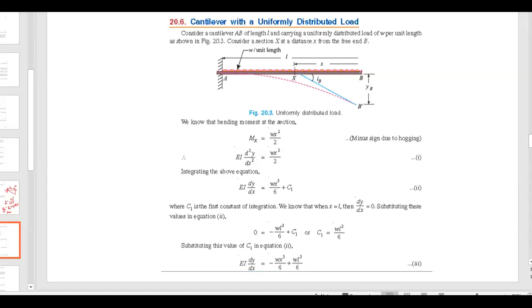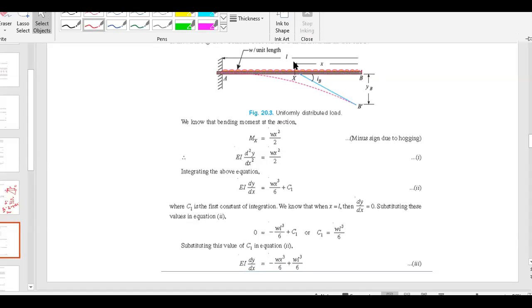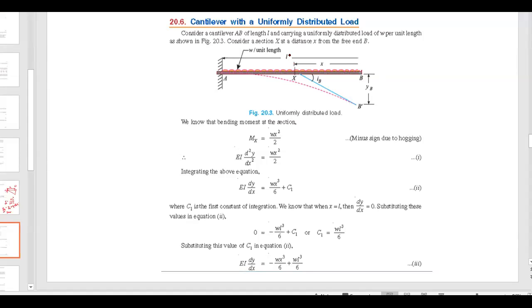Therefore I need to find out the deflection at YB, that is the YB is nothing but maximum deflection can occur at the free end only for a cantilever beam. So I need to consider a section, ఒక section consider చేయాలి at a distance of small x from the free end side.